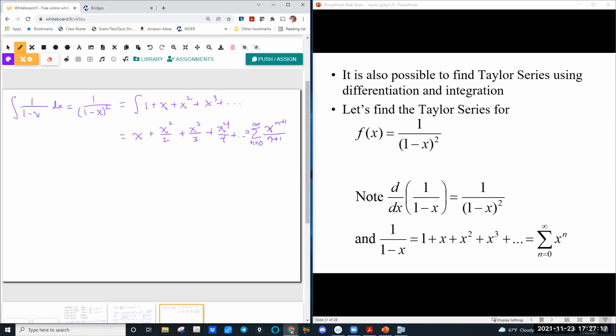And we can see that our first term is going to be x to the 1st over 1. Our second term is going to be x squared over 2. We have now found the Taylor series for 1 over (1 minus x) squared just by taking the antiderivative of one we already knew. Again, this is called using known Taylor series to find other Taylor series. Questions about that?